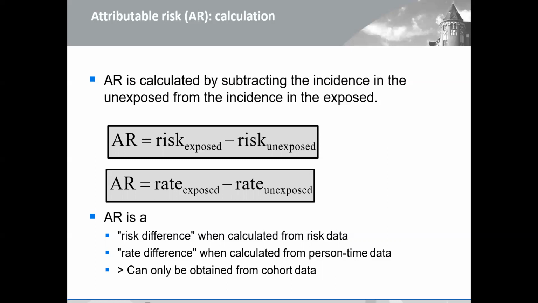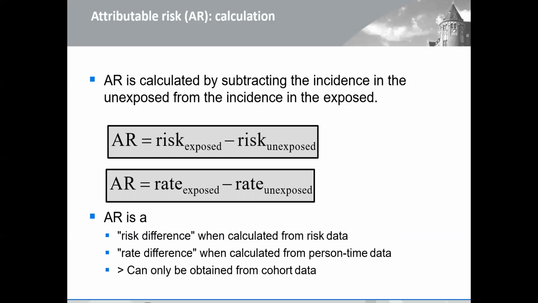You can have it as an attributable rate or as a risk difference. If you're using risk difference, it's usually when you calculate it mainly from risk data. But if you're using person-time data, it then becomes a rate difference. Remember, it can only be obtained from cohort data. Why can you only get this from cohort data?